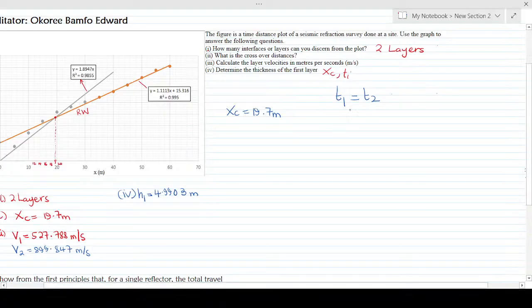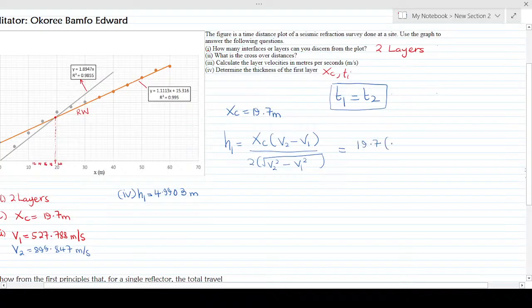This is the condition for the crossover distance. With it we can find our thickness, given by xc multiplying v2 minus v1 all over 2 multiplying the square root of v2 squared minus v1 squared.